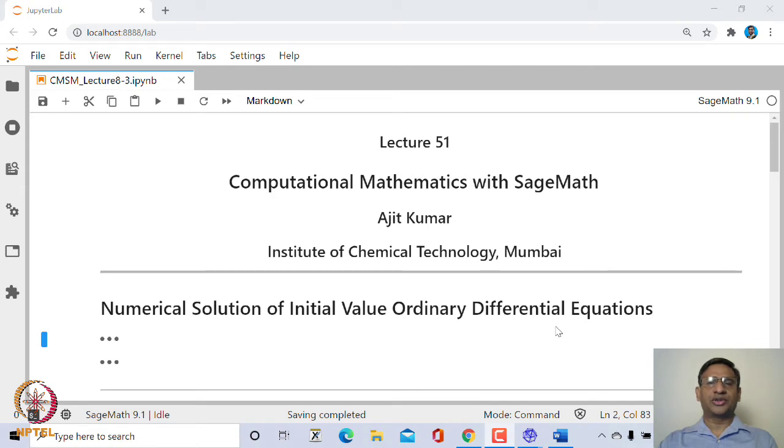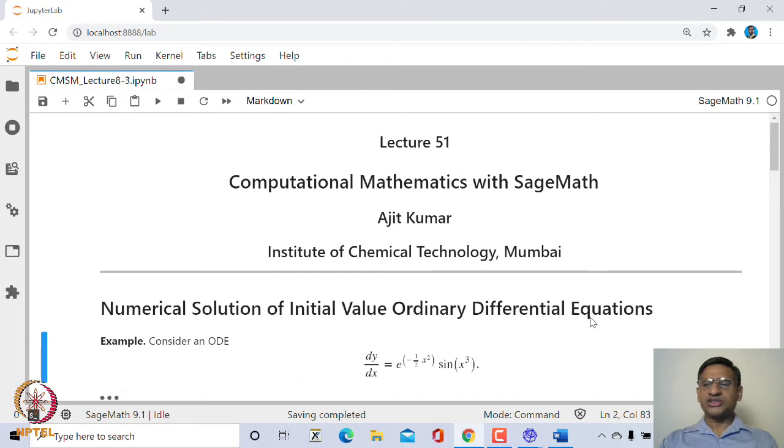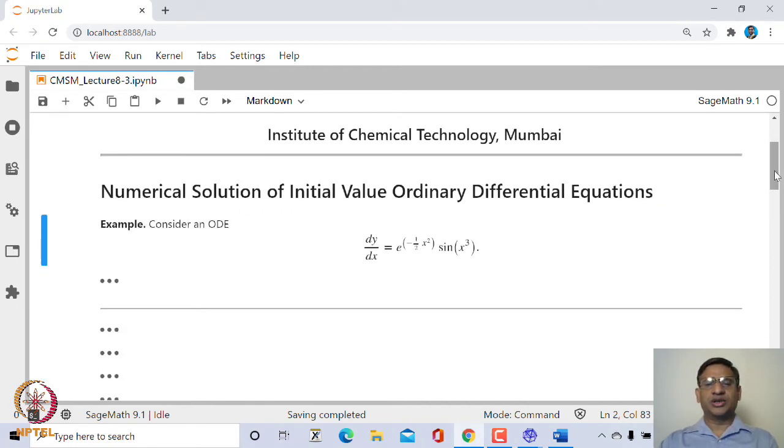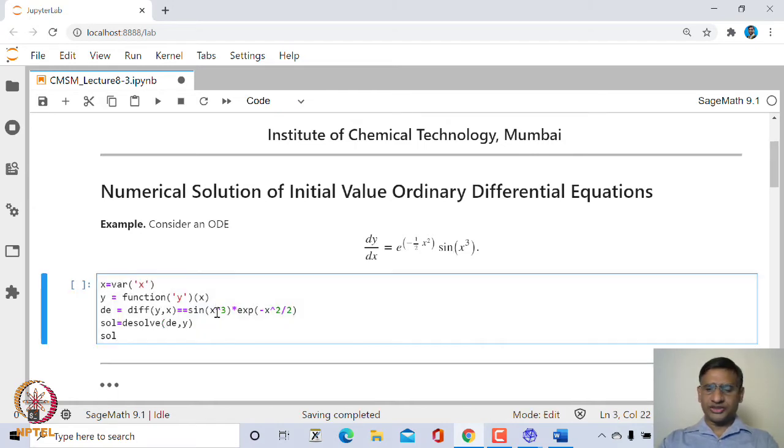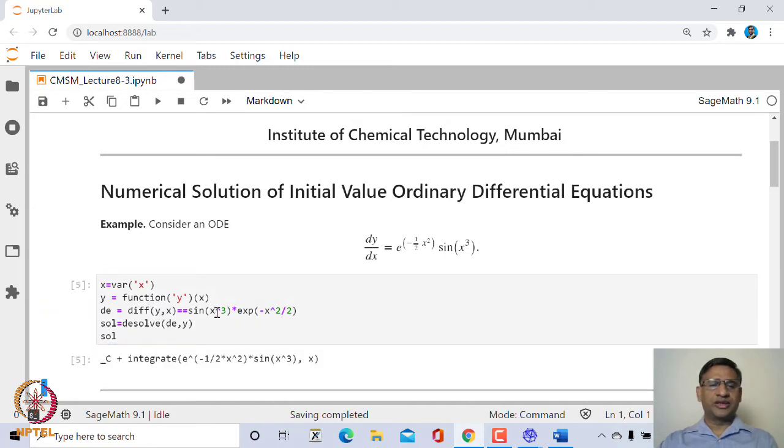In case f(x) equal to 0 we are unable to solve explicitly, then we try to approximate a solution by means of numerical techniques. So, for example, let us start with a differential equation dy/dx is equal to e to the power minus x square into sine x cube. Now, if you try to solve this differential equation in Sage using desolve, then you will not get an explicit solution.